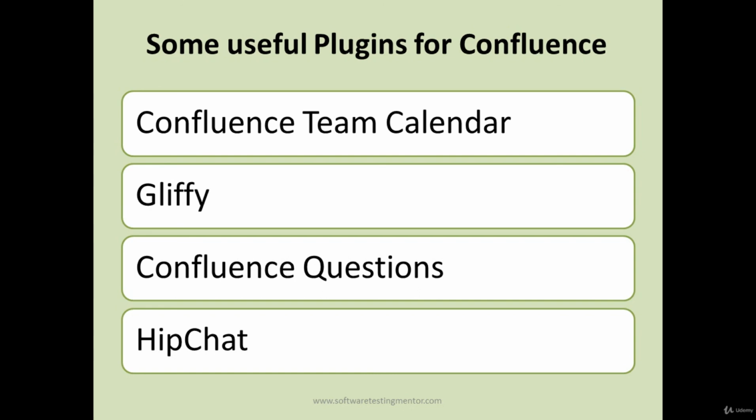In future sessions, we will understand the details of Confluence: how you can create good content and good pages, how you can create different diagrams, how you can install Team Calendar, Gliffy, and Confluence Questions in Confluence, and make your team collaborate and share information effectively using Confluence.